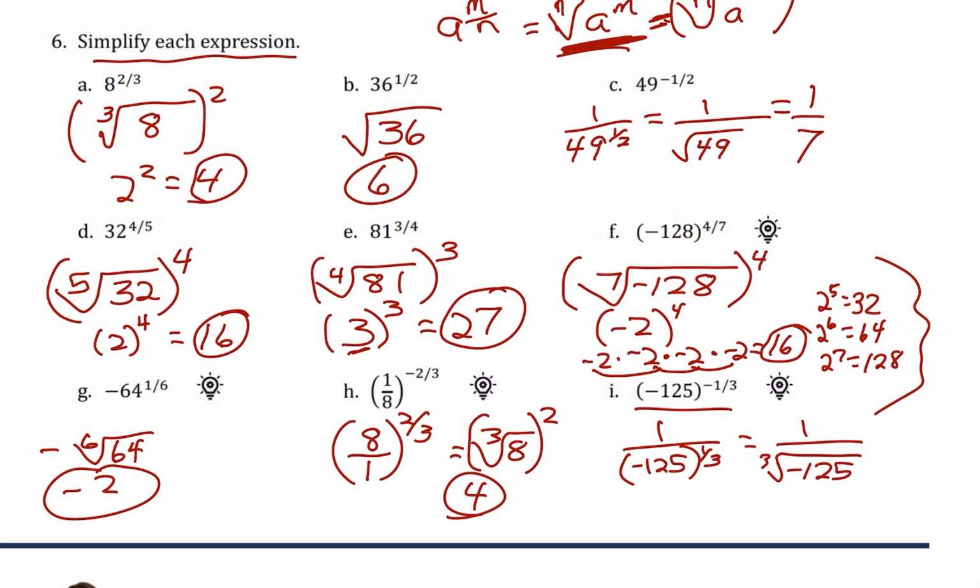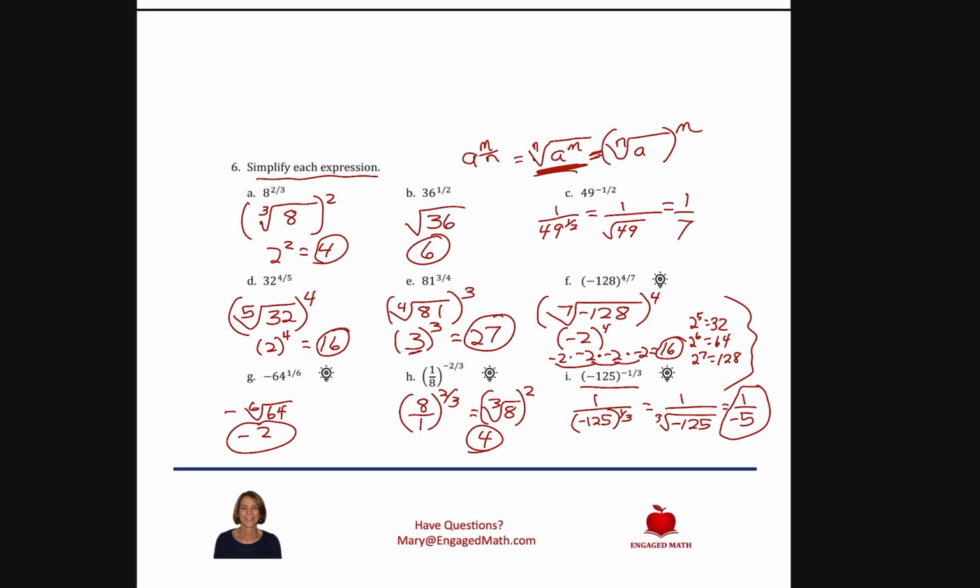So what number multiplied by itself 3 times gives us a -125? And you could figure that out, but just for the sake of moving along with the video, it would be -5 times -5 times -5 gives us -125. So our final answer is just -1/5, or you can say 1 over -5, or you could say -1 over +5. As long as you have one negative sign, you're good to go.